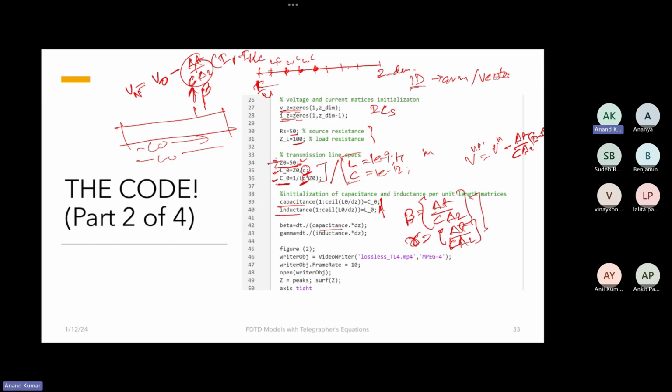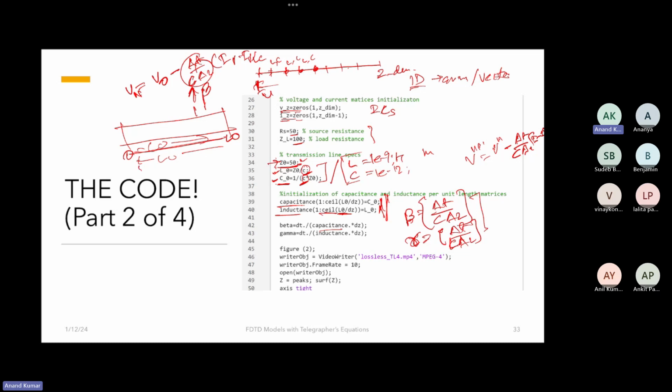But since we have written it in this fashion, you can break this. L naught is the total length, so this is the 0th position and this is the L naught position, and for the entire length I've kept them as C naught. But what you can do is break this down.